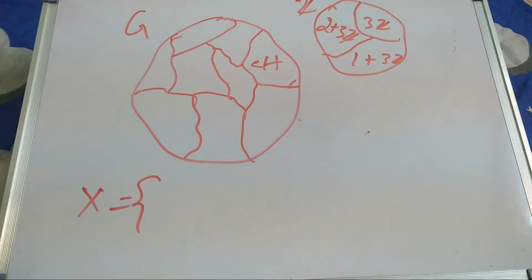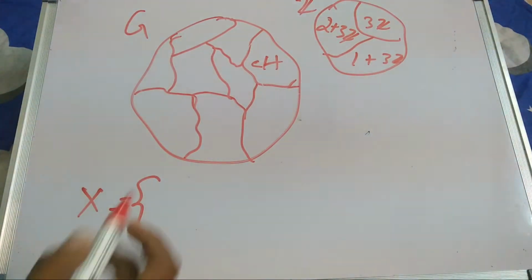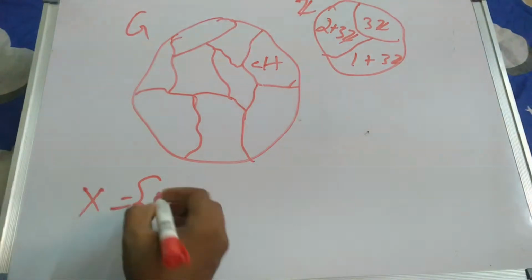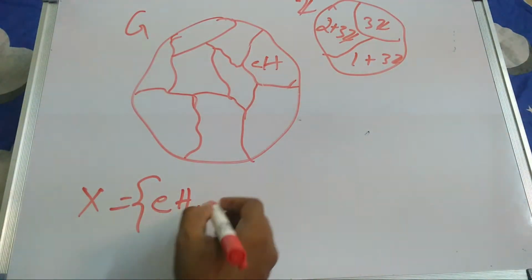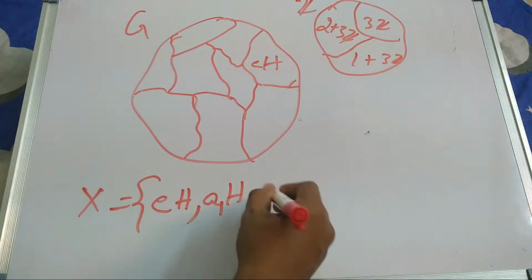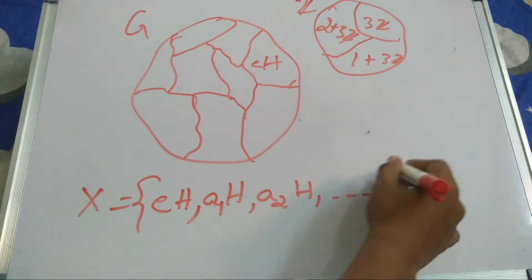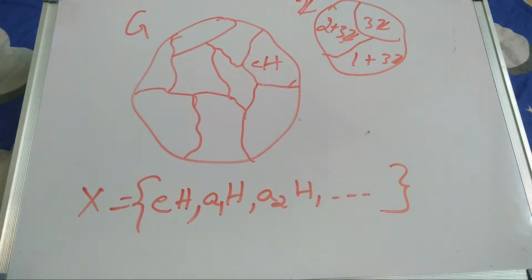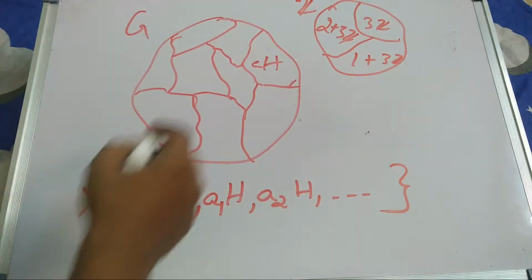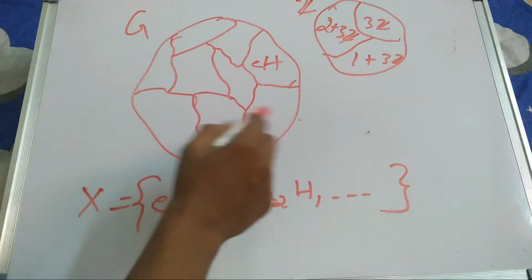Now what we are trying to do is collect all possible cosets. We will denote them by EH, A1H, A2H, etc. For now, assume it to be a left coset. Each one is a coset.